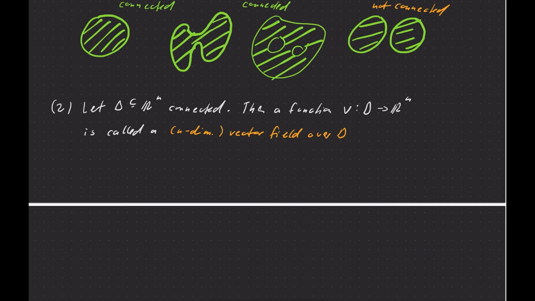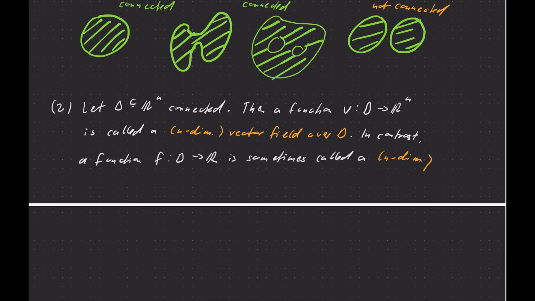And in contrast to that, if you want to stress the difference, a function that just maps to R is sometimes referred to as a scalar field. In contrast, a function f that maps D to R, dimension 1, just the real numbers, is sometimes called, again sometimes n-dimensional to stress the dimension of D, a scalar field.